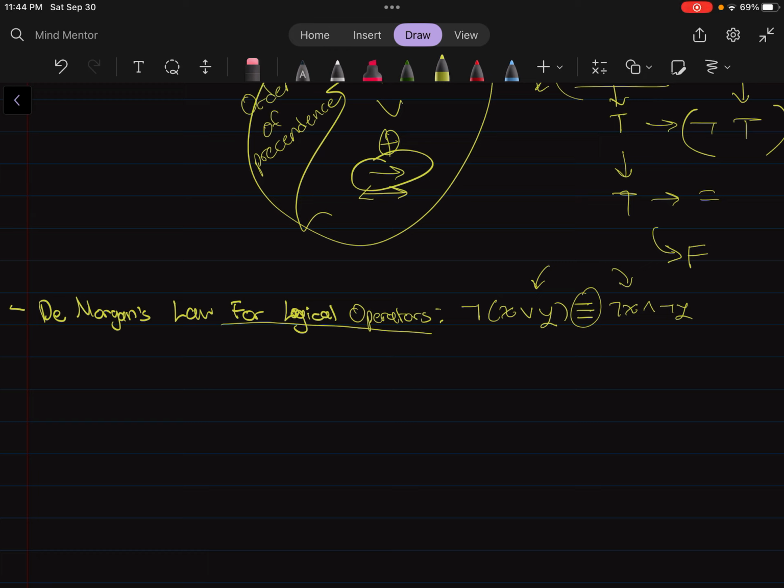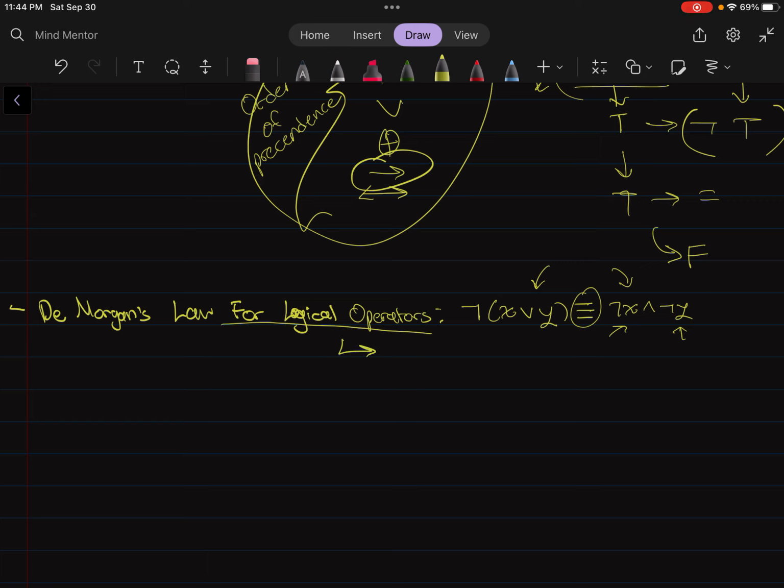So basically what this is saying is if you have a statement x or y, and if that statement is false, then both x and y have to be false, right? And logically that makes sense. If you have x or y and that's false, then neither x nor y can be true.